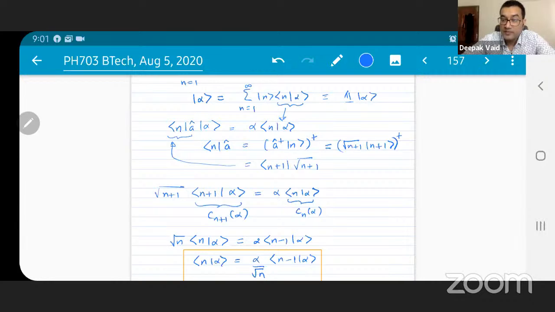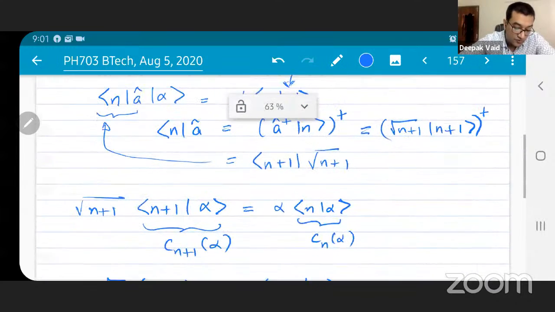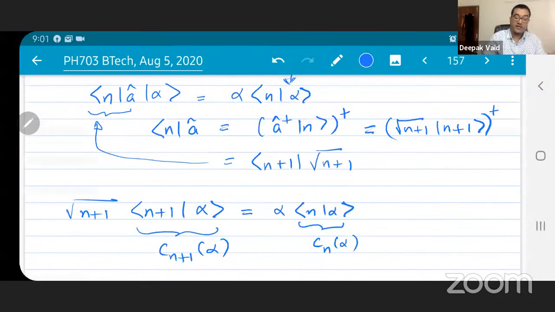And for complex vector spaces, the inner product has to be defined in terms of complex conjugation. So when I'm writing something like this, what it is secretly is n complex conjugate dotted with alpha, right? That's what this expression means.